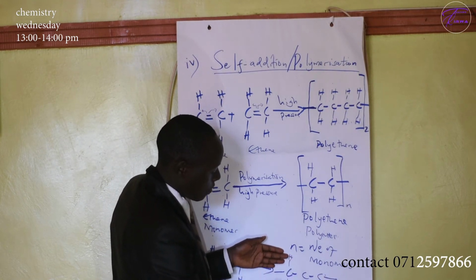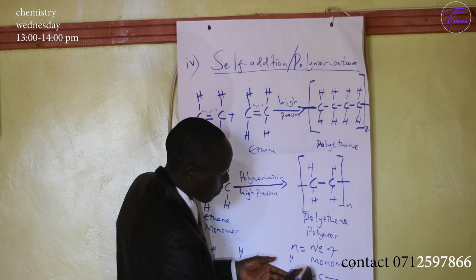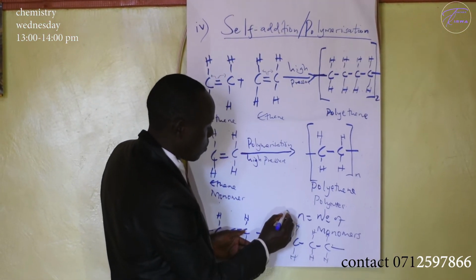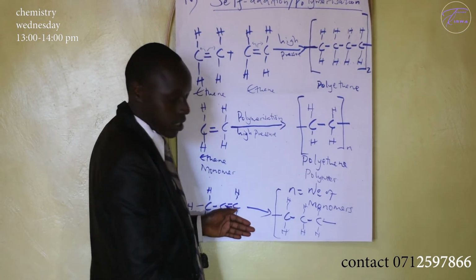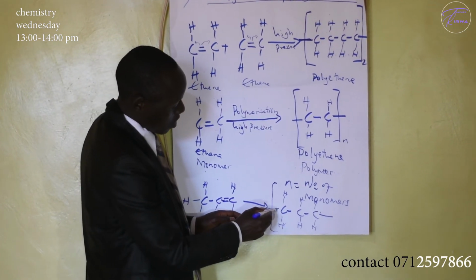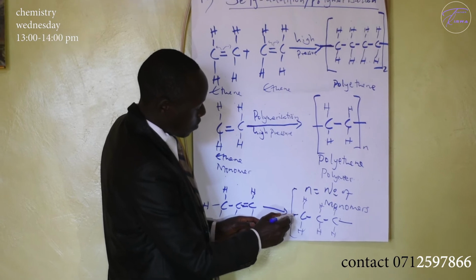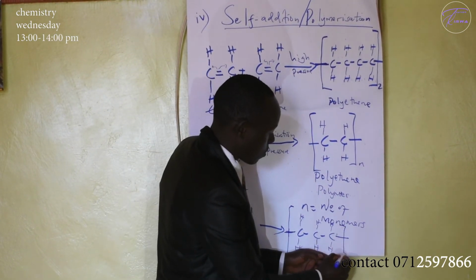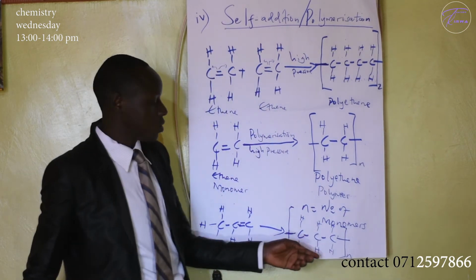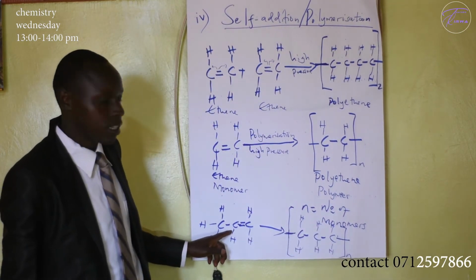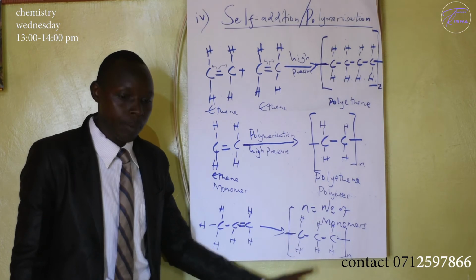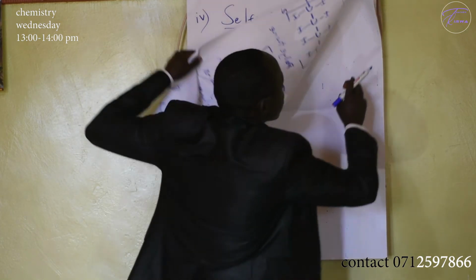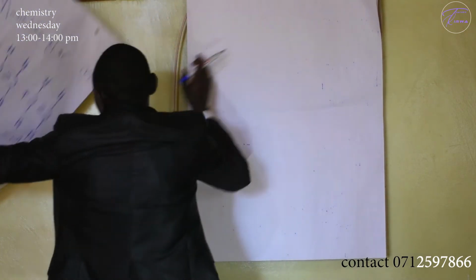Of course, we have the hydrogens. Then you enclose it with a square bracket where this one must cross, and here also like that, and then M. So this one is propene, this one is polypropene, etc. So that one is called self-addition.